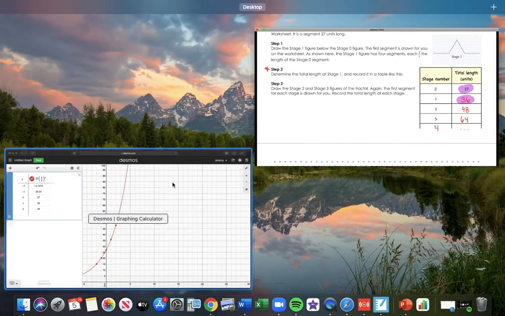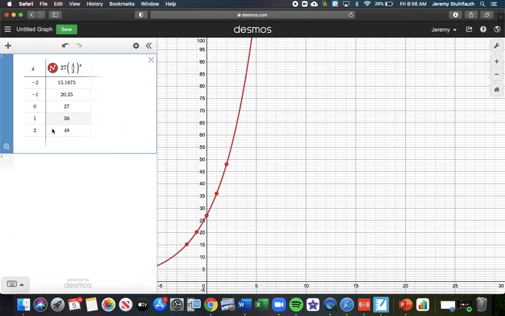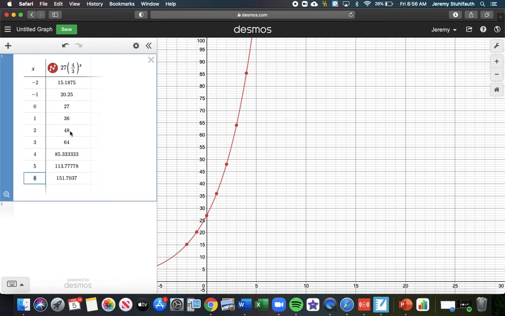Stage 1 is 36. Stage 2 is 48. Stage 3 is 64. Stage 4 is 85.33 repeating. And then we have 113.7 repeating. And so what you'll see is that these numbers are in fact the lengths that we predicted using our constant multiplier in step 5. So this graph does appear to be the correct equation to represent our data.